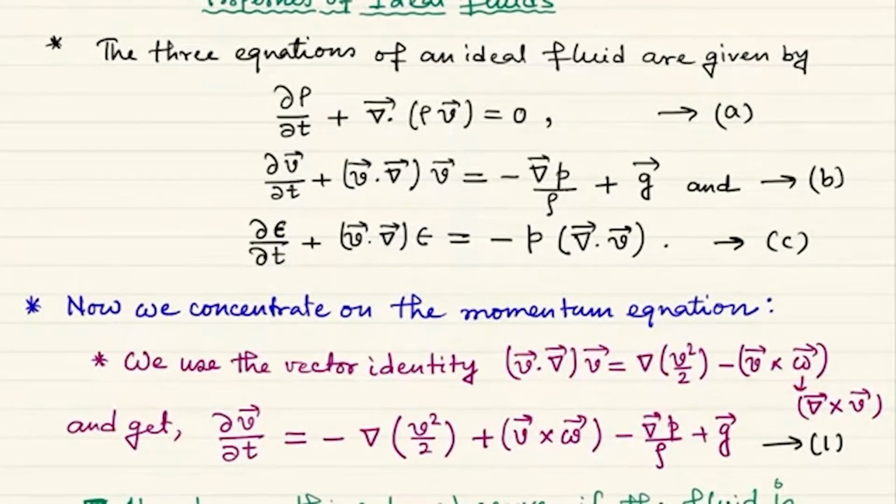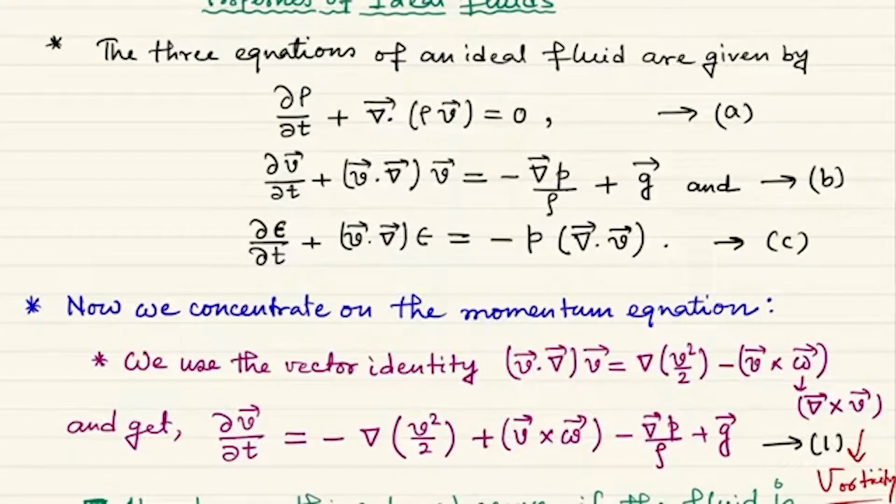We define that as the vorticity vector omega, so v dot nabla v is gradient of v squared by 2 minus v cross omega.